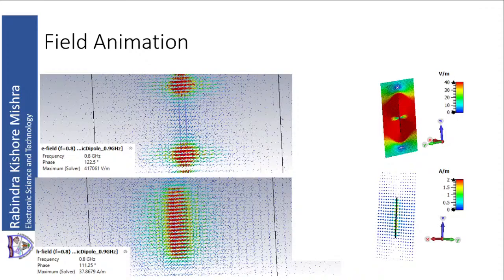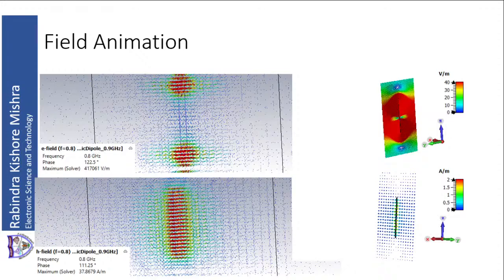So the vector field is shown in the bottom figure. Top figure shows you the energy distribution from the antenna, and the bottom figure shows you the vectorial energy distribution.